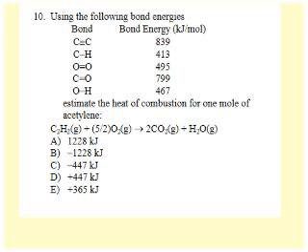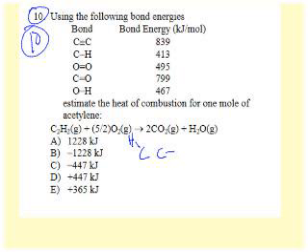Using the following bond energies. This is number 10 on your sheet. Estimate the heat of combustion for 1 mole of acetylene. So what we have to do here is know a little bit about what acetylene looks like, which isn't fair, but we're going to do it. So acetylene has 2 H's, which means it must have a triple bond. But look, it's the only carbon-carbon bond you're given.